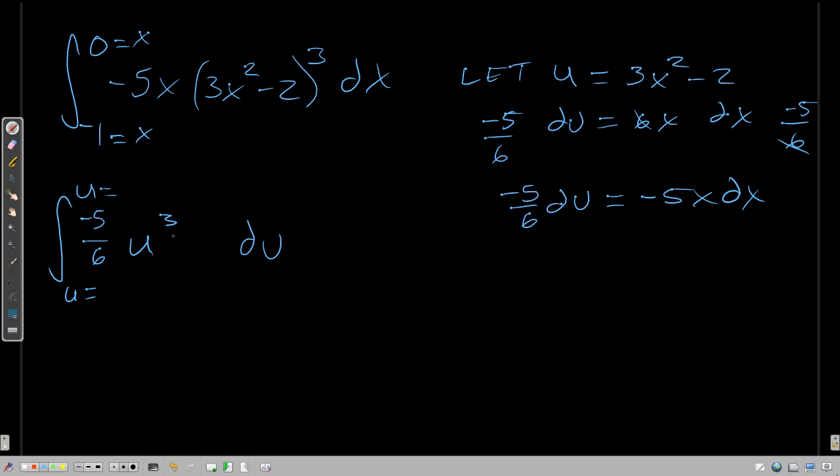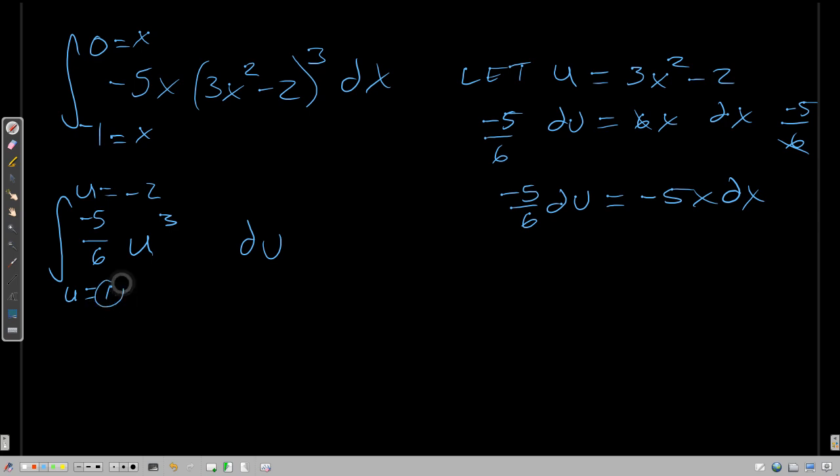How do you get them? You just take these limits and put them in your substitution, and it will compute the u. So when x is -1, we get just 3 minus 2, that's 1. So this lower limit is 1. And when x is 0, we get u equals -2.